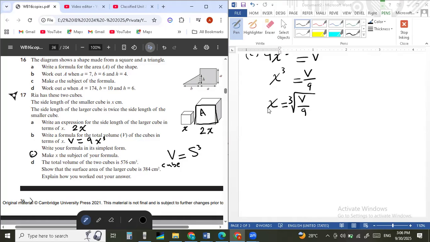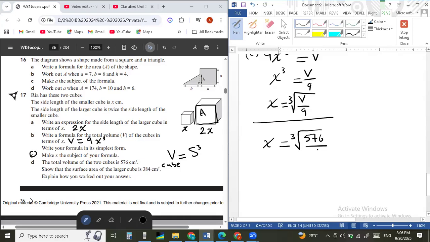No problem at all. We need to find x, you mean? Well, to find x, we made it the subject of the formula: cube root of V over 9. They told you the volume is 576. So x equals the cube root of 576 over 9.